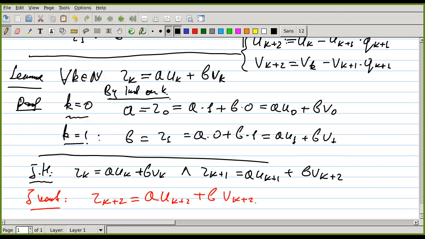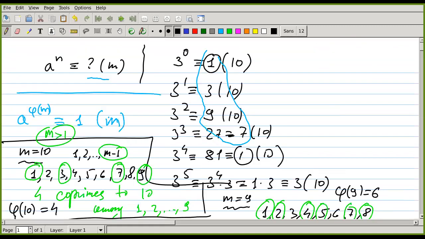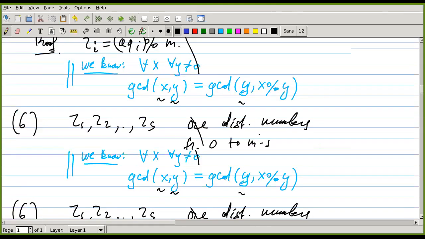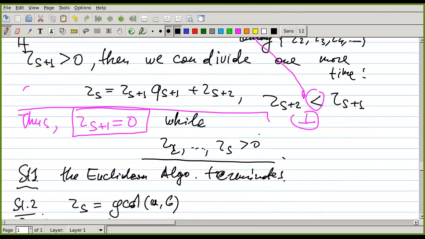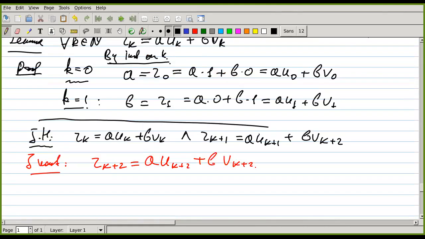Why did you write K plus 2 for V? What's the problem? In our induction hypothesis, here. Yeah, thank you. It must be 1. So let's prove it.